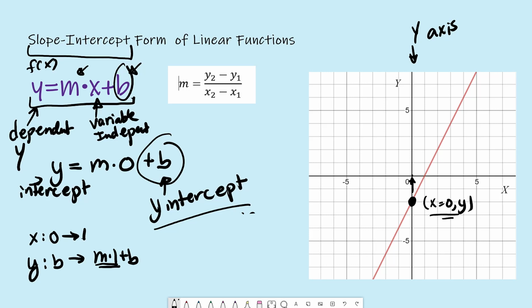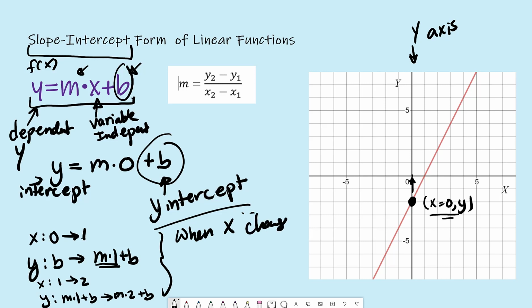Now let's change x from 1 to 2. In this case, y will go from m times 1 plus b to m times 2 plus b. So again, each time x changes by 1, y changes by m.